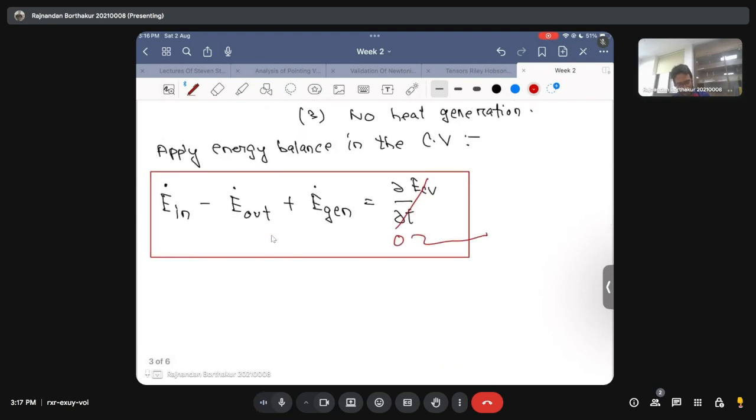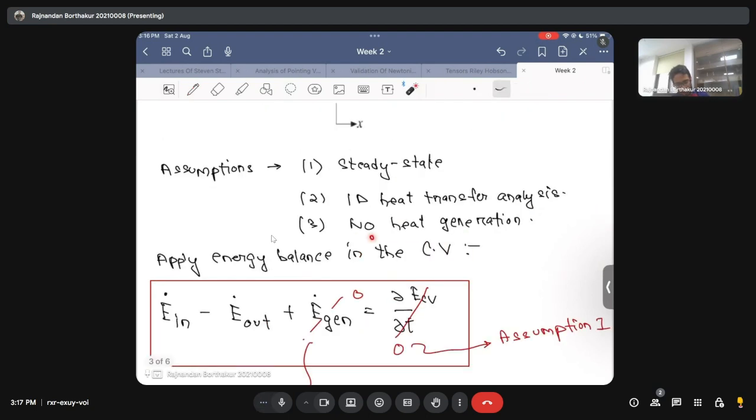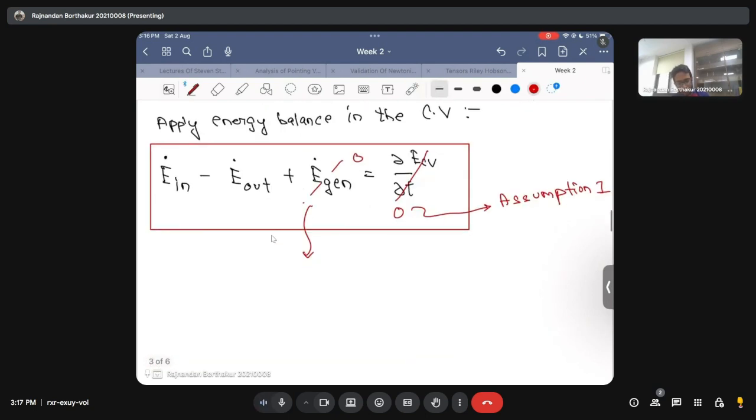That's typically why you need to write the assumptions, because then simplifying the equations becomes clearer. This is 0 because of assumption 3 that we just now said, that there is no energy generation taking place inside the control volume, which means this generation term is also 0.